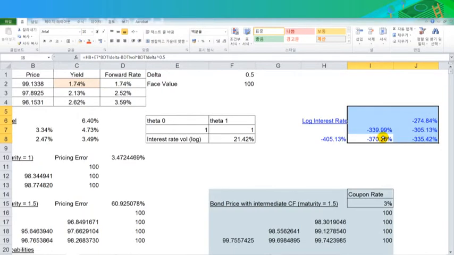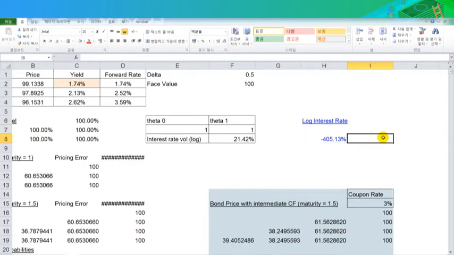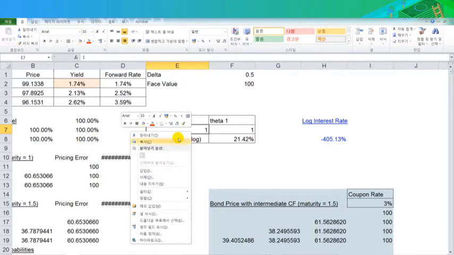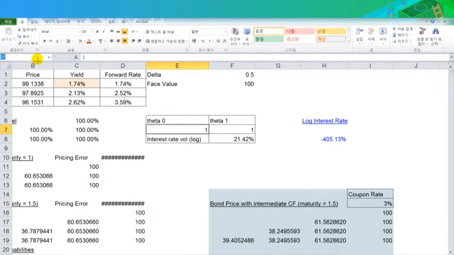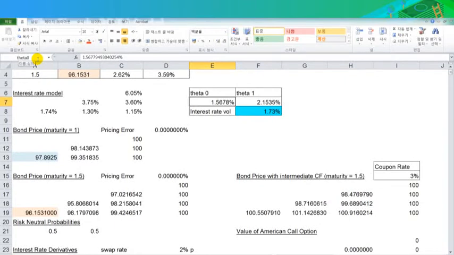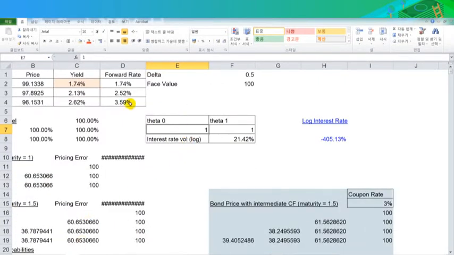Let's start from a fresh sheet. Let's call this one theta naught. We have to use a default name. Let's call this one BDT 0. Okay, good. Let's call this one BDT 1.